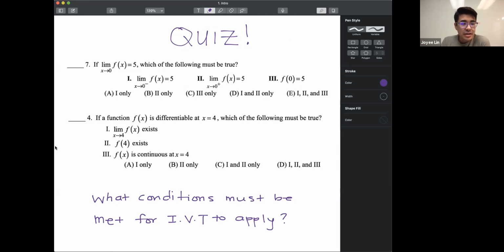So for question number 3, you can select multiple. So take a second, look through those, see what you think.